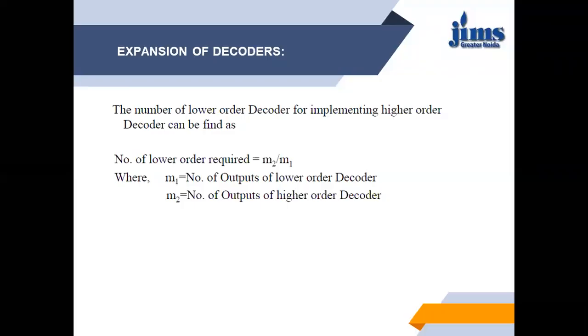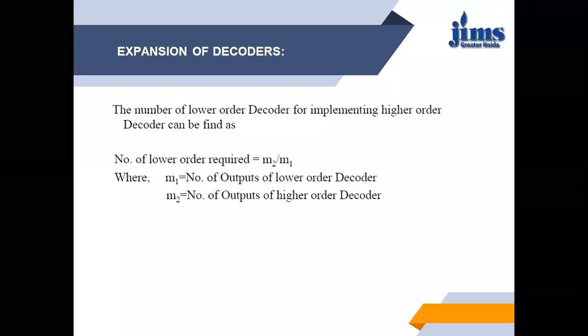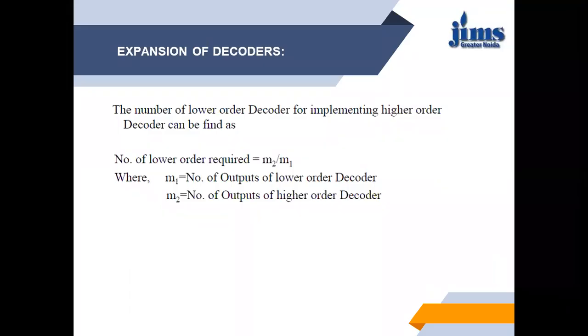So if you have to construct a 3:8 decoder with the help of 2:4 decoders, M2 is 8 and M1 is 4. So 8 by 4 equals 2. In that case, you require two 2:4 decoders to construct a 3:8 decoder. We will go through the same example in the next slide.